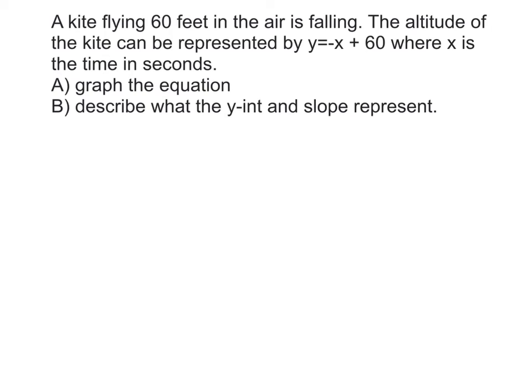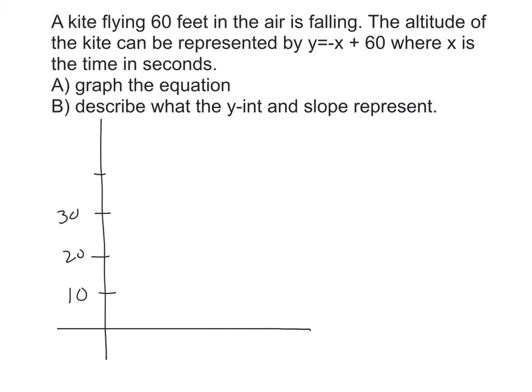If you graphed it correctly, you would have graphed it like so. Now, I don't want to have to make 60 marks up my graph, so I'm going to go up by 10s: 10, 20, 30, 40, 50, 60, and then I'm going to go by 5s here: 5, 10, 15, 20.